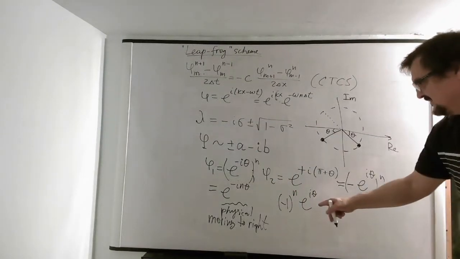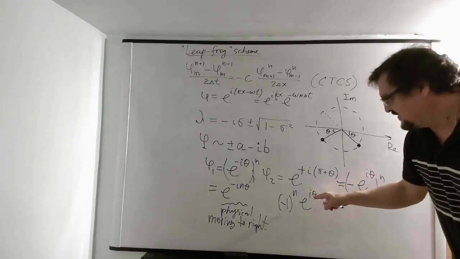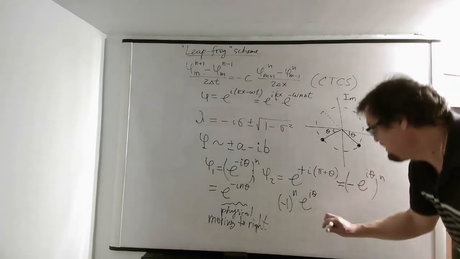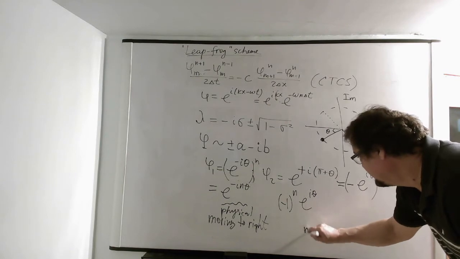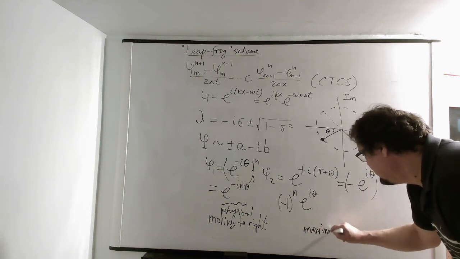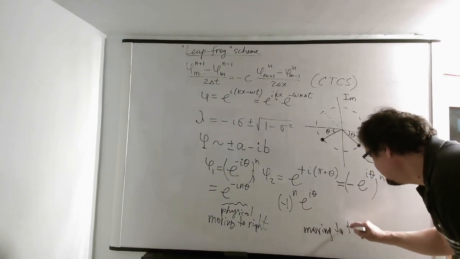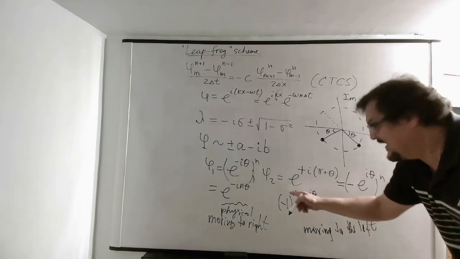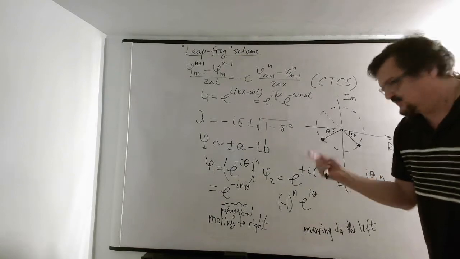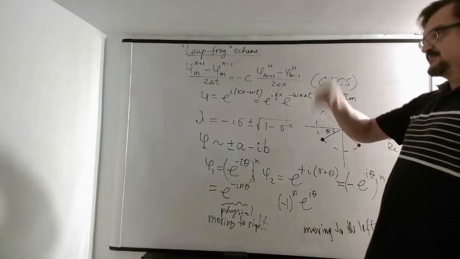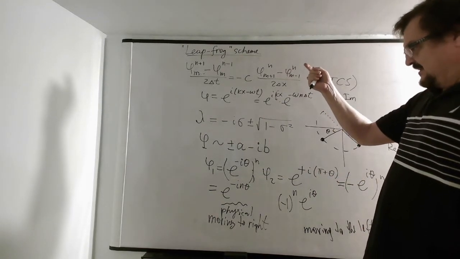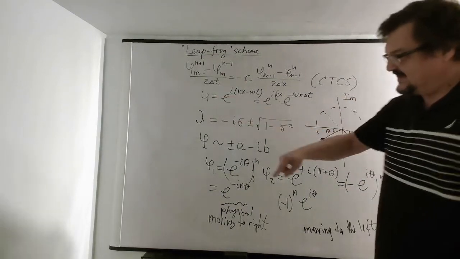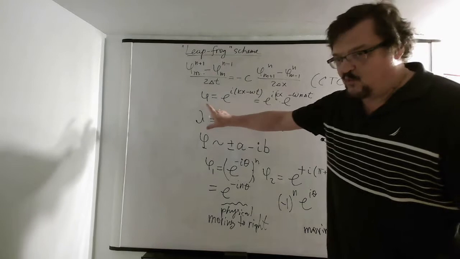Now this one is a solution that, first of all, is moving to the left, because you see it's a different sign here. So it's moving to the left, but also its amplitude is flipping from time step to time step. In one time step it's positive, and the next time step it's negative. So it's moving to the left, and it has the same amplitude of 1.